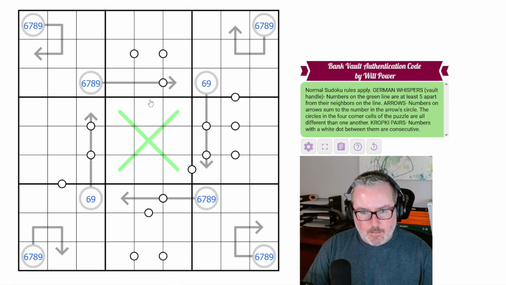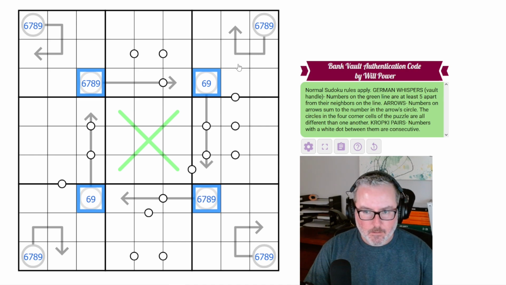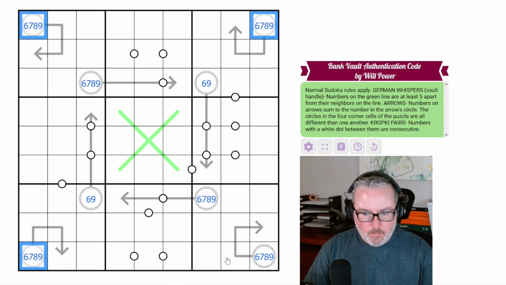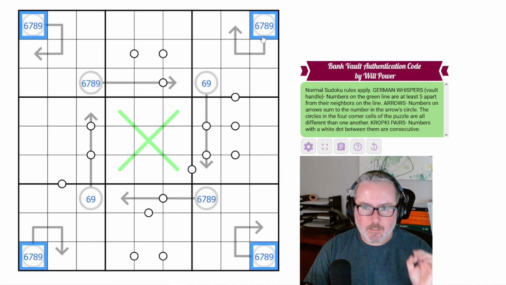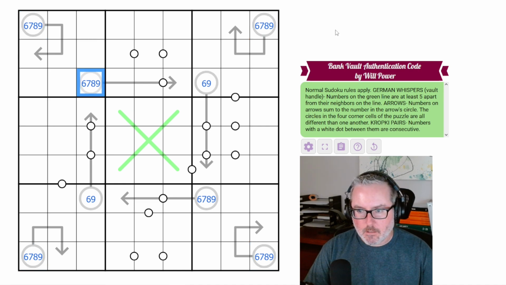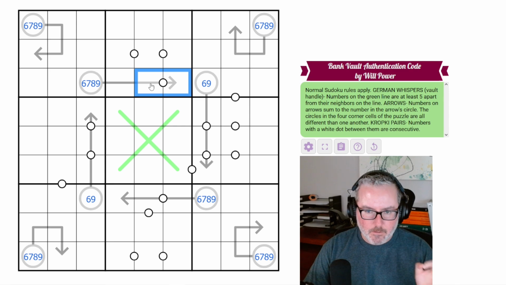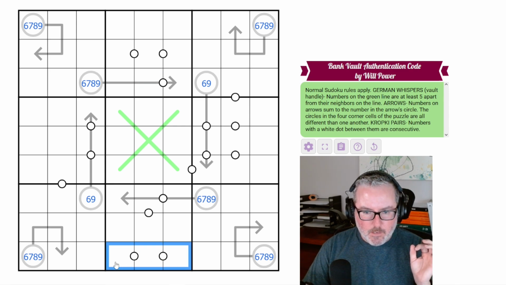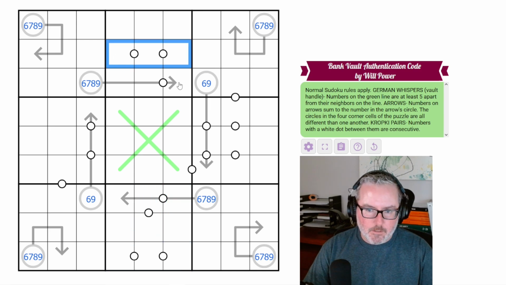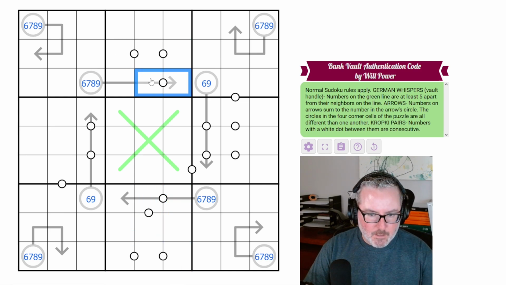Now, we can't necessarily say that these are all different like we could here, because there was a special rule given that says these are. These do not abide by that particular rule. Now, on these 2, we do know that 2 of the digits are consecutive. And we do have some other white Kropkis involved.